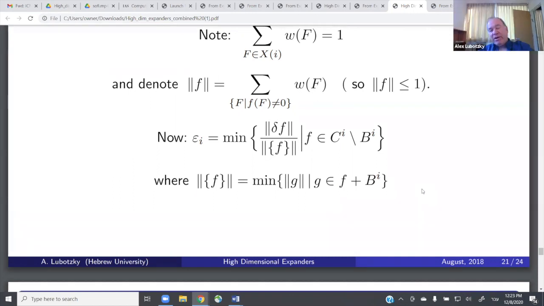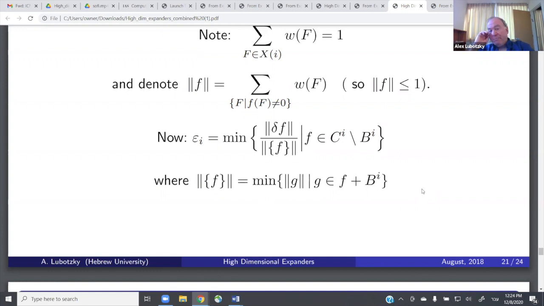And then the norm of a function is simply the sum of the weights of those phases on which F assigns 1, okay?